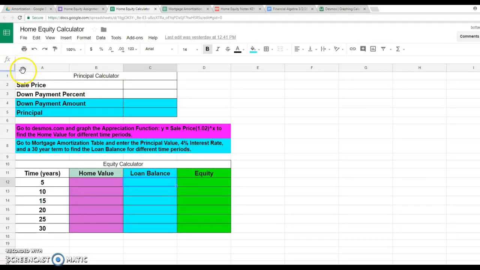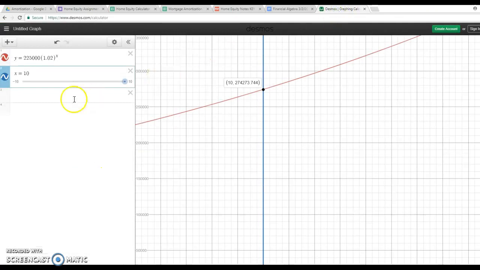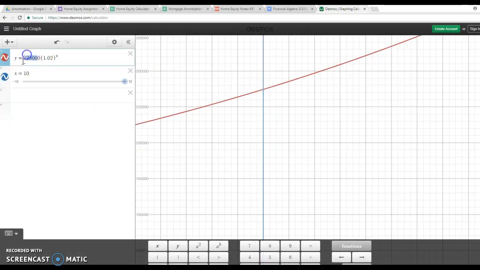So that was one day for me, and then the next day we were planning on sharing this calculator with them, and again sharing the template and just putting the formulas in. This one we can copy and paste from our other down payment calculator, but here we wanted to create a formula for equity, which would be just equals your home value minus your loan balance. And your home value comes from your Desmos equation, and all that you would change here is just the sale price of the home and what year you're looking for.